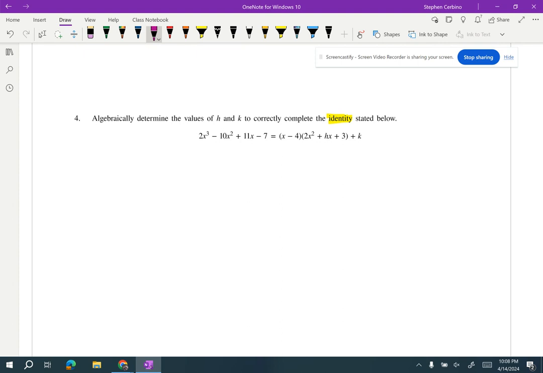So why I say this is a little bit weird is they're giving us a polynomial and they're showing the product here, and we really don't want the product, we want the quotient. So I'm going to divide everything by that x minus 4 term, including this little k over here. That's going to cancel this out, right? That's going to reduce that to 1.